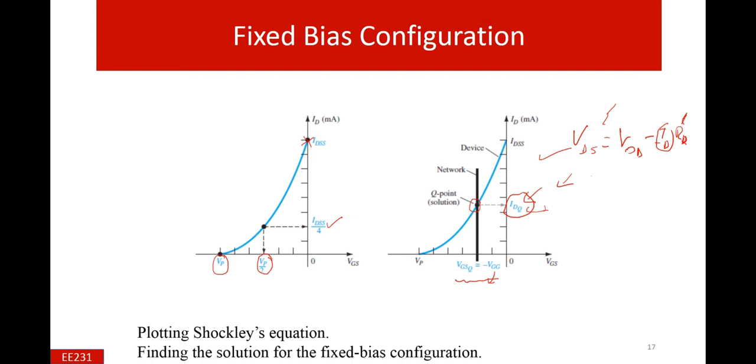Similarly, in the fixed bias configuration, Vs is equal to 0, Vd is equal to VDS, the drain voltage, and Vg is equal to VGS. So these are the parameters already described in the last portion.